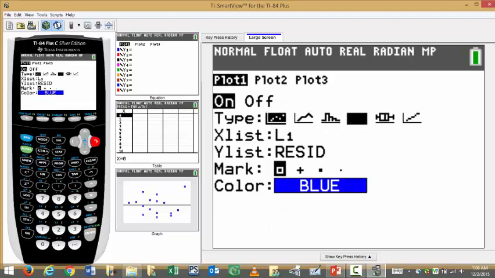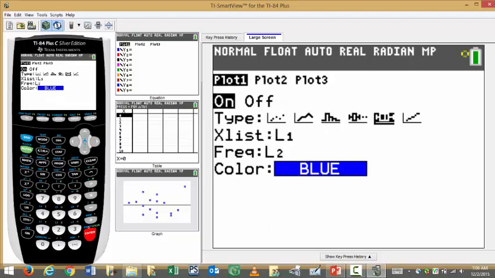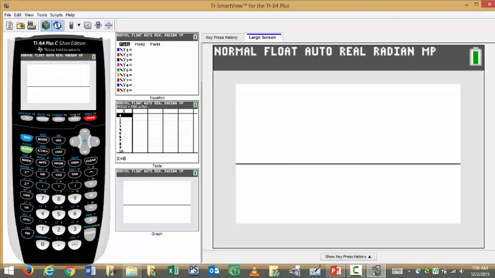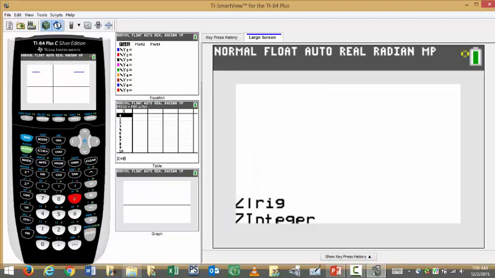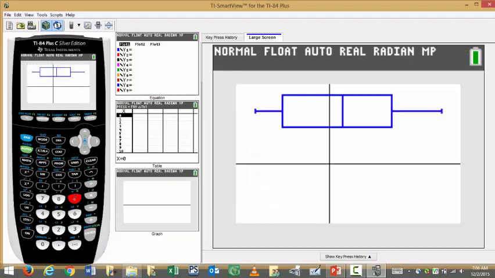We'll create a box plot. The only list we want is the residual list, right? Then graph. Whoop. Might help if we zoom 9. So you can see that box plot, there's not any strange outliers, not a really funky whisker or really strange looking box. So it's safe to say this is normal.